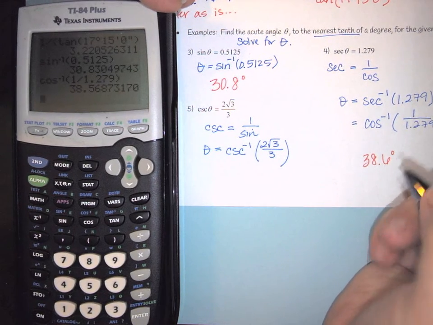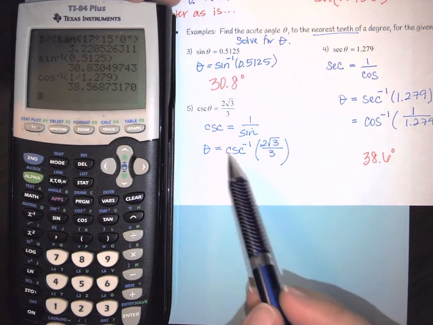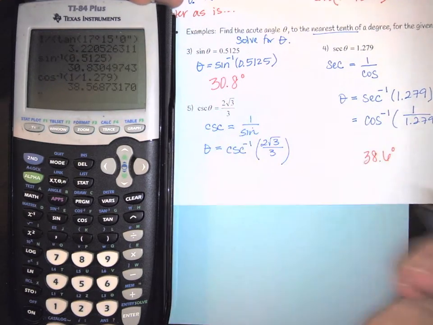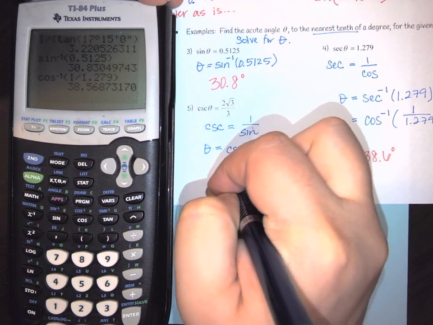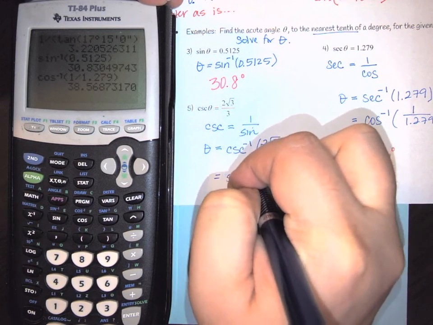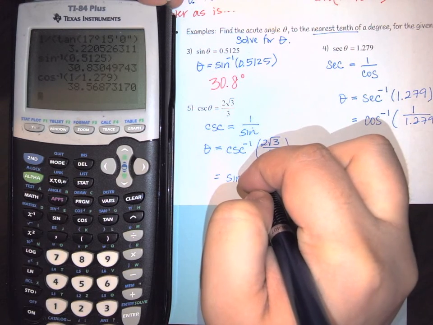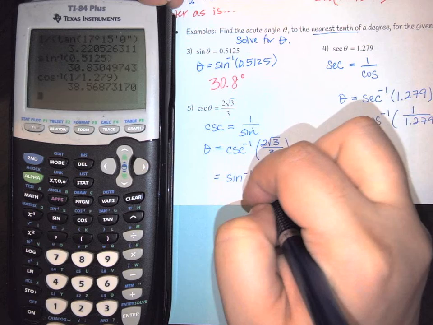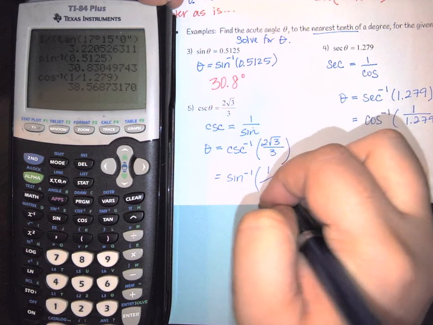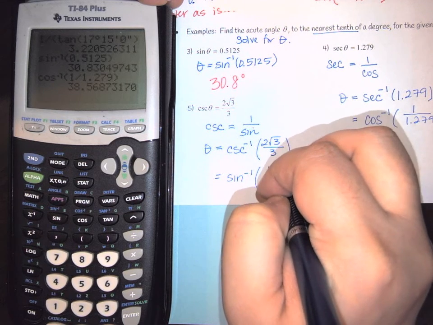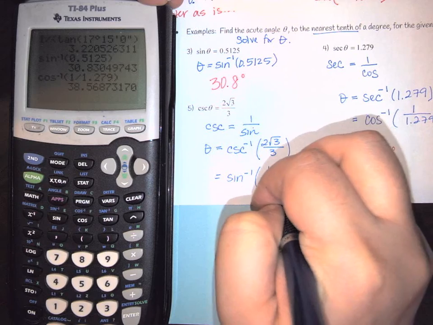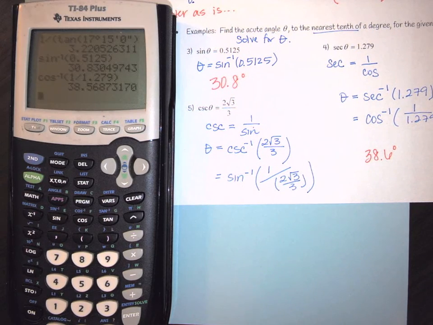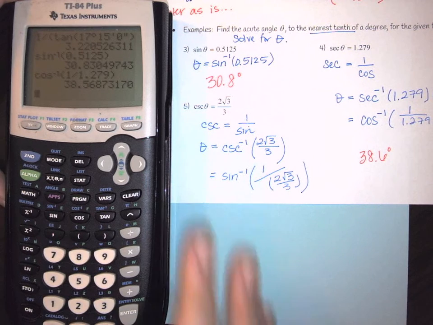We're going to have to do this one the same way we did the other one. So my theta value is really going to be sine to the negative first of 1 divided by, and then I'm going to open another parentheses to do 2 square roots of 3 over 3. So let's see what we get when we do that.